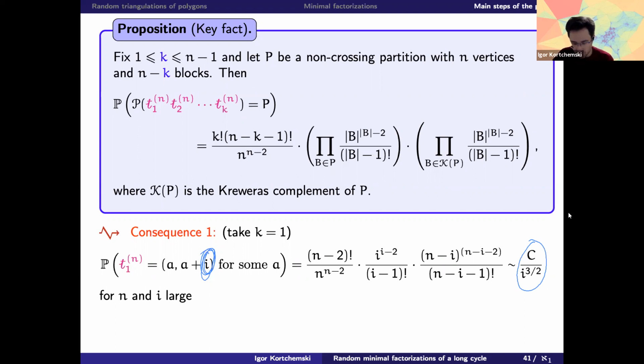And if you believe or assume that the transpositions you read one after the other in the beginning are IID, how many transpositions should you read so that the maximum of them, if they have this behavior, is of order n? Well, it's exactly square root n. So this explains the square root n behavior.